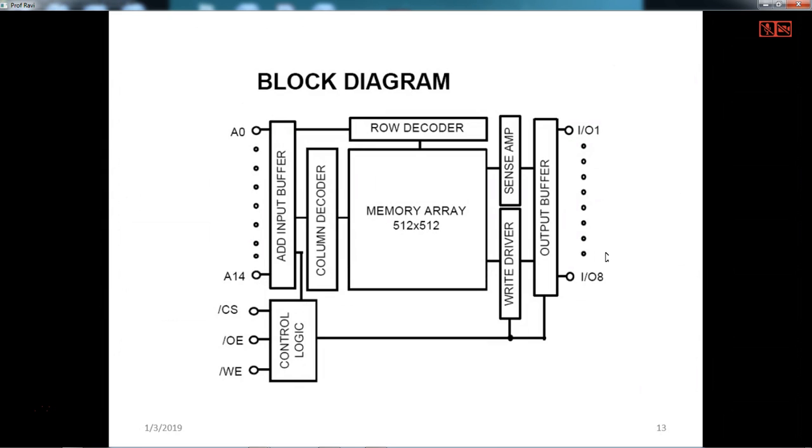Now if you try to see the block diagram of it, it has A0 to A14. Coming to the control logic, you have 3 control signals: chip select, output enable, and write enable. And a byte you can fetch at each time. So here you have an output buffer.